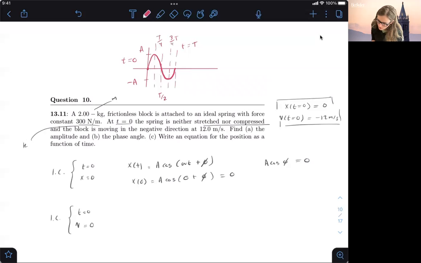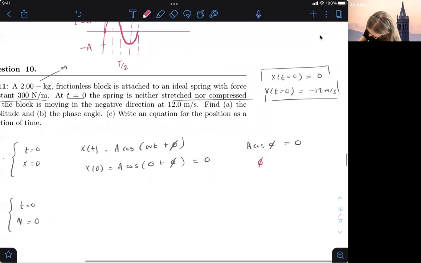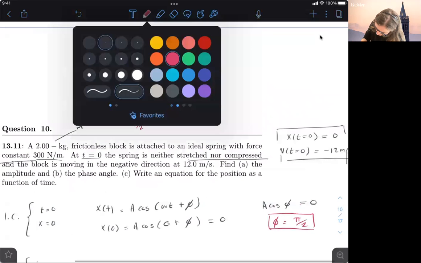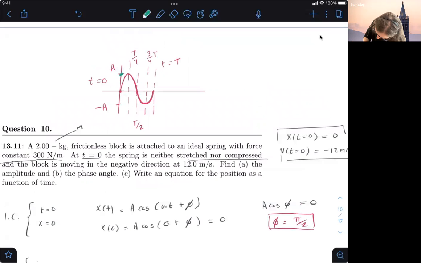So what's going on here is, if I am pushing it back at this halfway point, I want a phi that's equal to pi over 2. To make this equal to 0, I have phi equal to pi over 2, and I'm shifting this function forward. I started here, this is where my function was, and I'm shifting it by this phase, by pi over 2. I'm just moving it over.